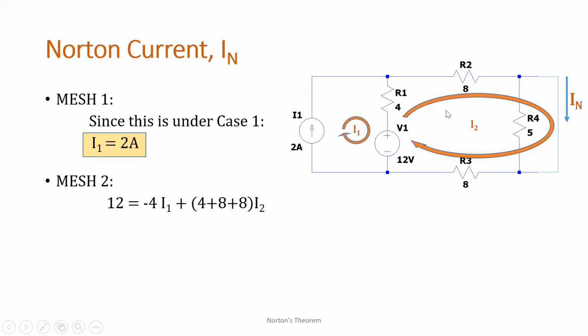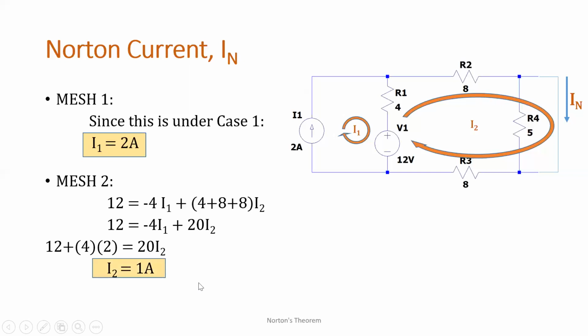So 12 is equal to negative 4 I1 plus 20 I2. So 12 plus 4 times 2 equals 20 I2, so 20 equals 20 I2. Then I2 is equal to 1 ampere. Since I2 is equivalent to our I sub N, the short circuit current, the Norton current is 1 ampere.